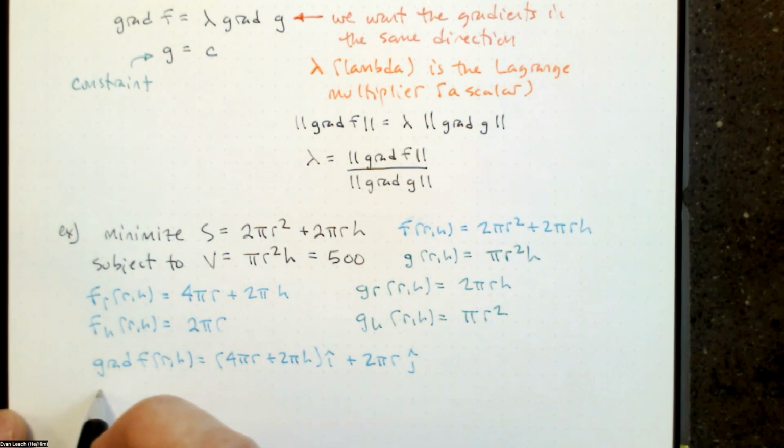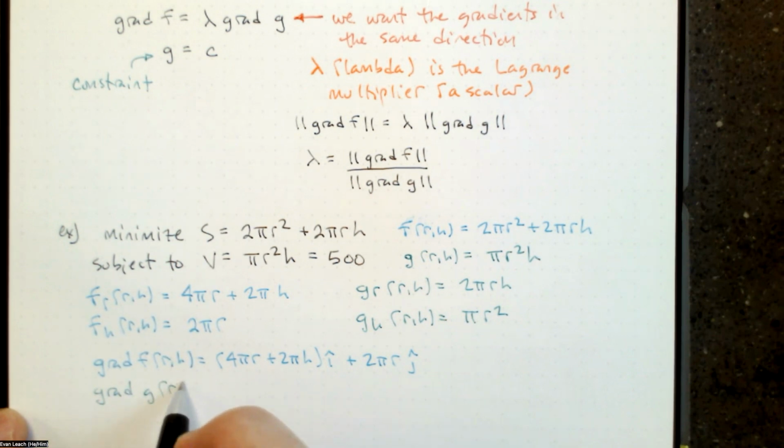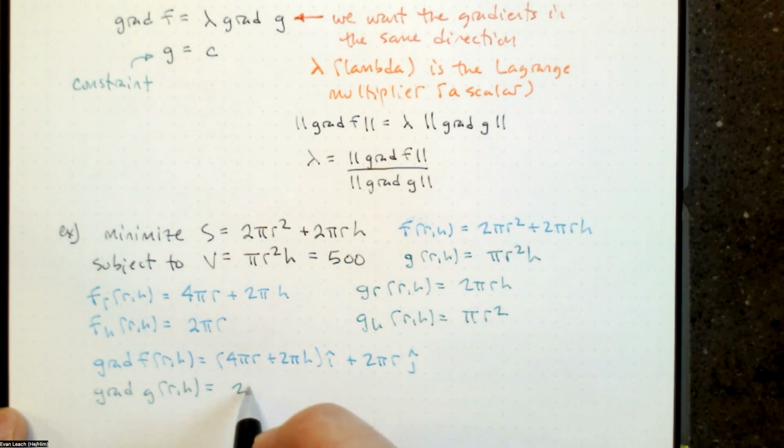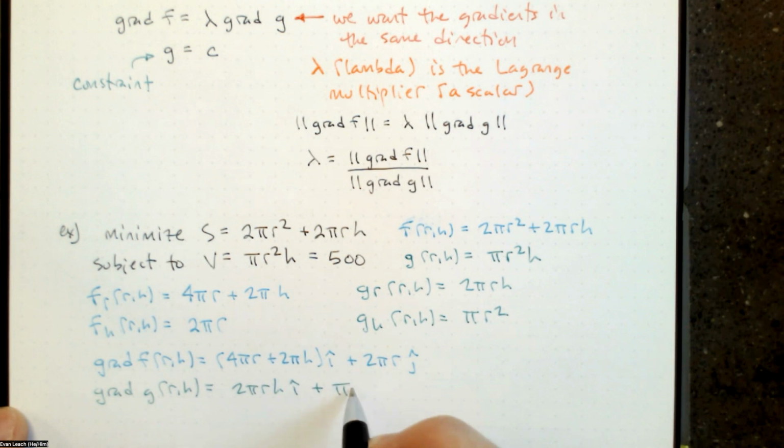So our gradient of g is going to be 2 pi rh i plus pi r squared j.